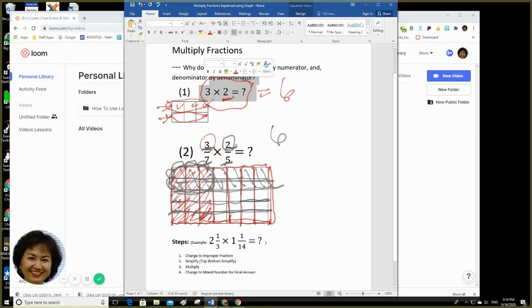That's our denominators, 7 times 5 is 35. So we get our answer, 6/35. I hope this explained to you why, when we multiply fractions, we have to multiply the numerator by numerator and the denominator by denominator.